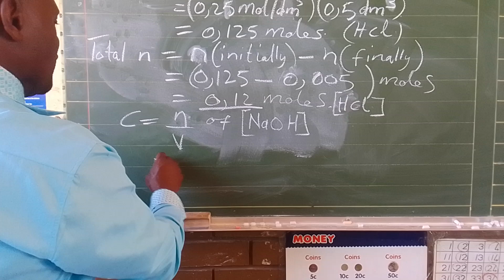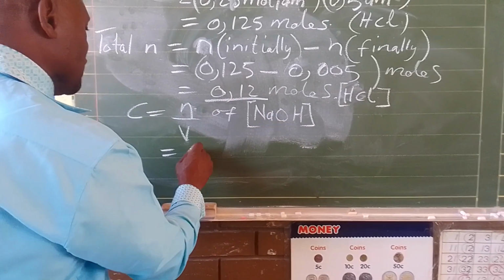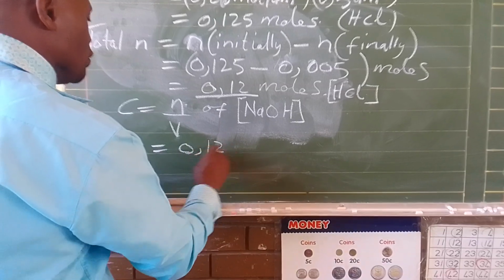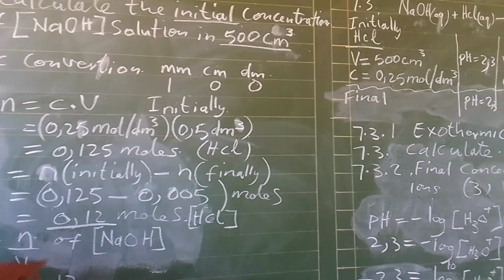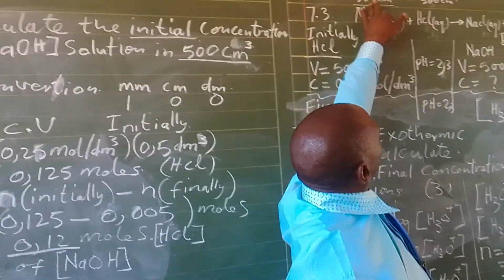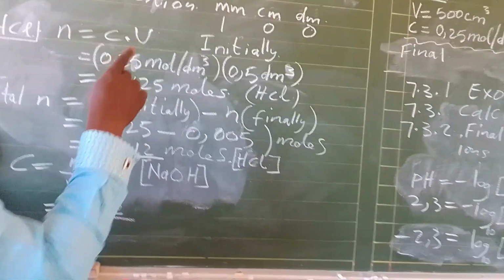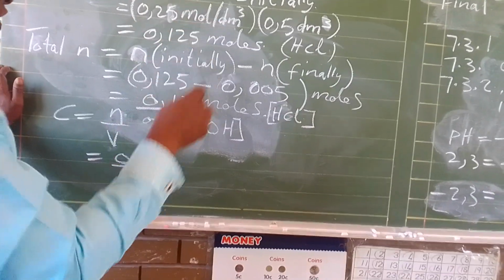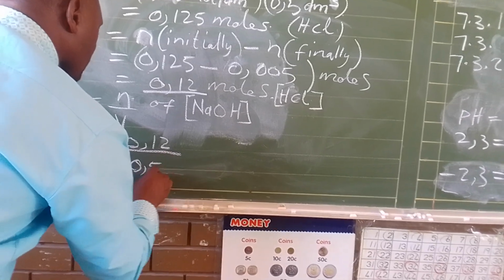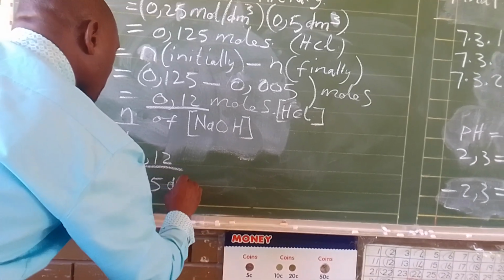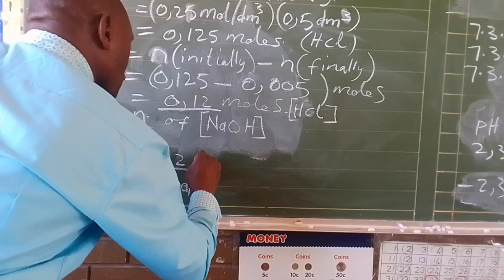So we are going to find that the concentration of sodium hydroxide is 0,12 moles divided by the volume. The volume was 500 cubic centimeters. It was given here as 500. So we know that 500 cubic centimeters is the same as 0,5 dm cubed.